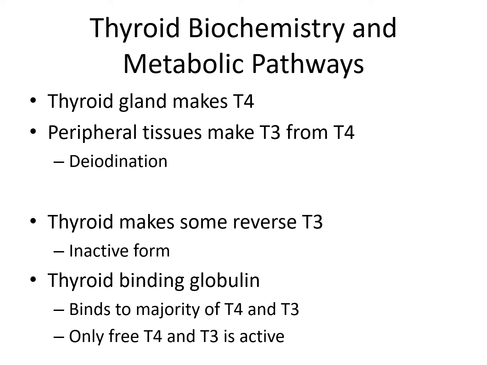Right, and these two hormones can actually be converted into one another, from T3 to T4 and then T4 to T3. T3 is more potent. It has a more potent effect compared to T4.